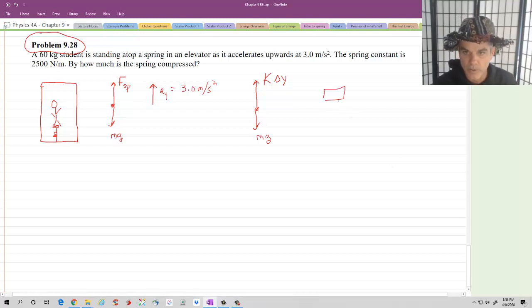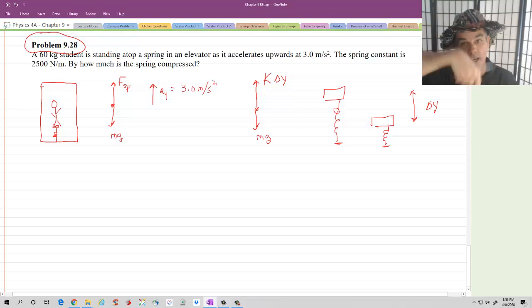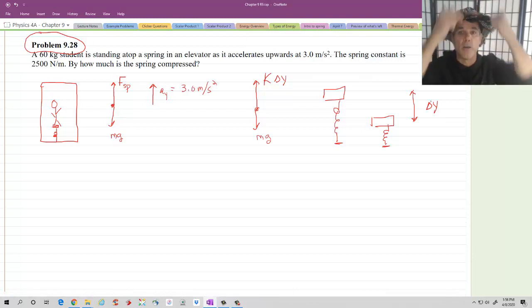So before the person steps on the scale, let's say this is where the spring normally is. Then they step on the scale and it compresses the spring some distance delta y downwards. So the spring is compressed downwards, which means the force the spring exerts is straight up.